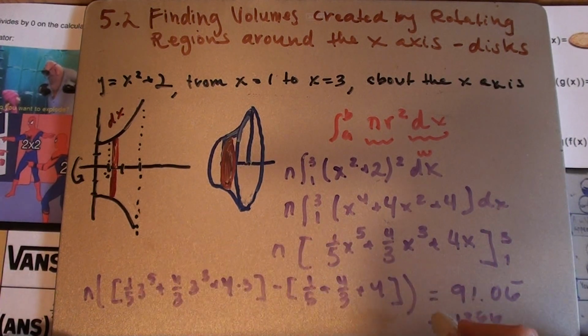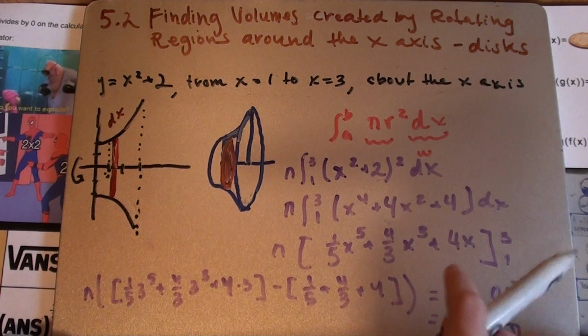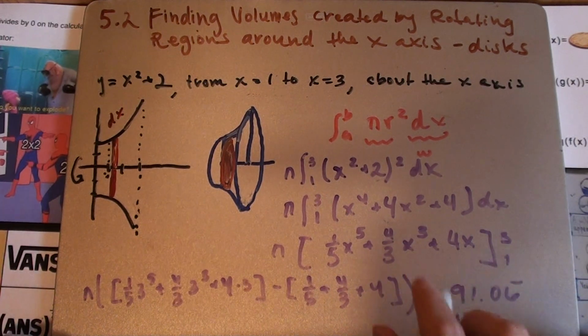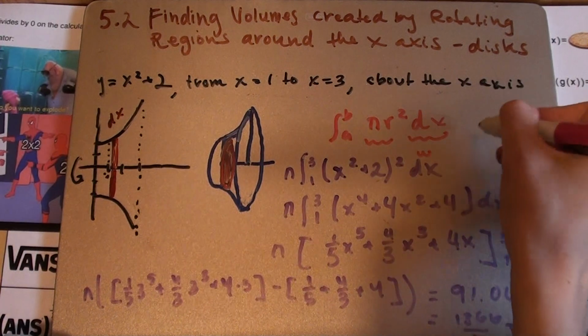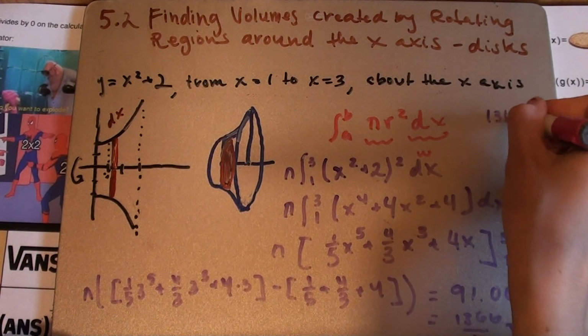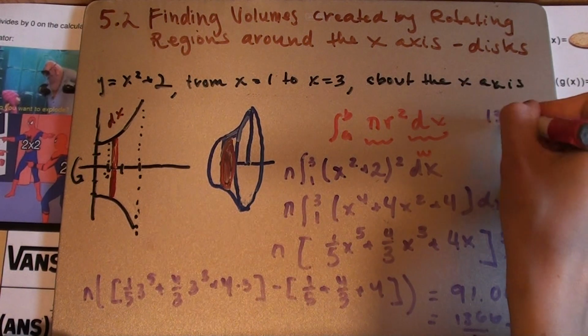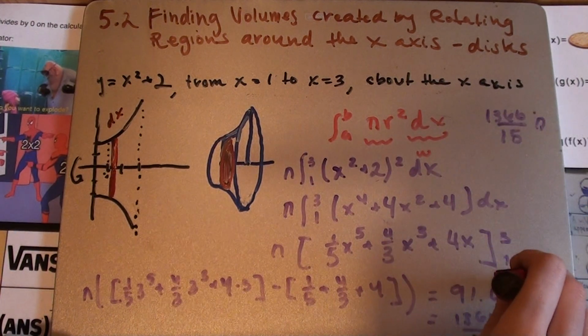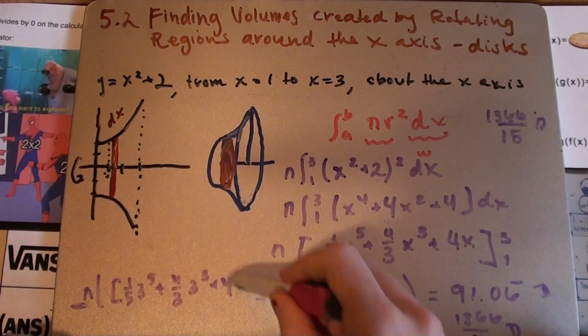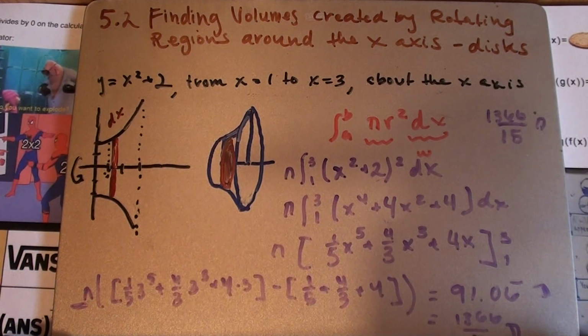And then we have to remember we're still multiplying by pi. So we have 1,366 over 15 pi, which I'm going to write up here, because you couldn't see that answer. That is our answer for our volume.